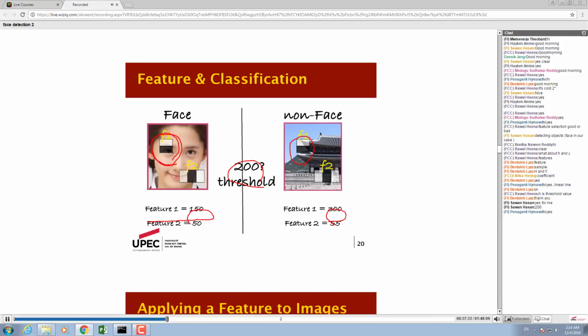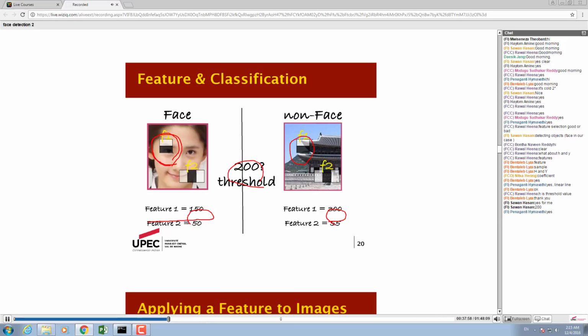If the F1 feature value for any image is larger than 200, then you say it is non-face. Yes or no, right? So this is binary classification. So this is the threshold.